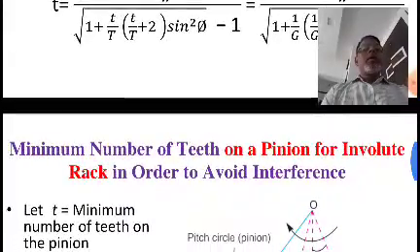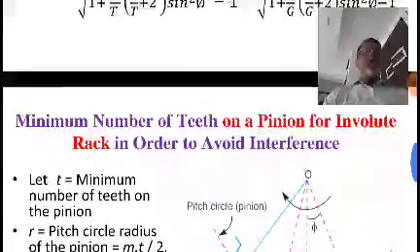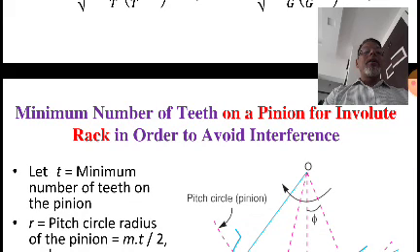Now similarly we can see the minimum number of teeth on the pinion for involute rack. You must have heard of the rack and pinion. Now when we are considering the rack, it means the gear having infinite diameter, right? That means if the diameter is infinite, it will become horizontal.